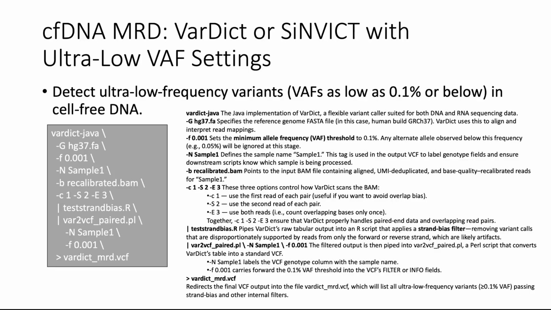Also, we'll need to name our samples, provide BAM files with deduplicated alignment results, and we can combine this tool with filtering stages, for example, a tool which will remove variants which are on only forward or reverse strands, and they are likely to be artifacts.